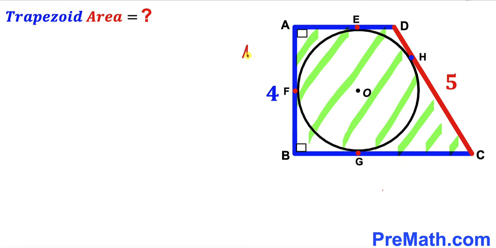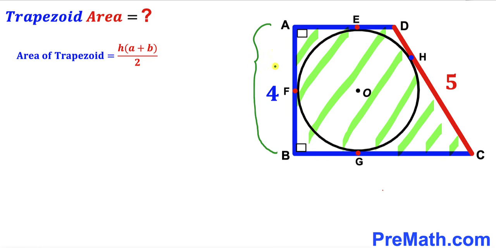Since we are interested in calculating the area of this trapezoid, let's recall the area of a trapezoid formula. Area is equal to height h times the sum of the two bases a plus b, all over 2. Here, AB is the height of this trapezoid, which I'm going to label as lowercase h.